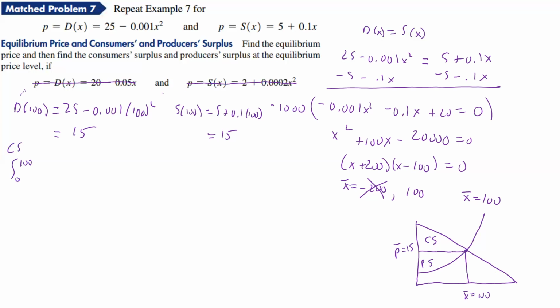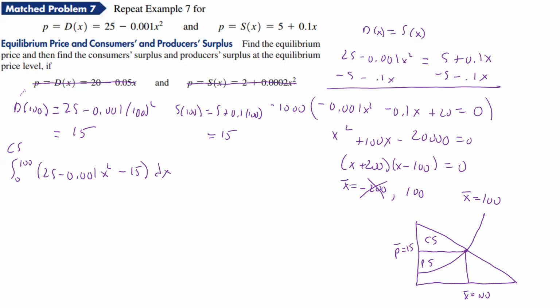So we're going to have 25 minus 0.001x squared, and we're going to subtract off of that the 15, because that's our P bar, and then dx. Okay, so we have that now.